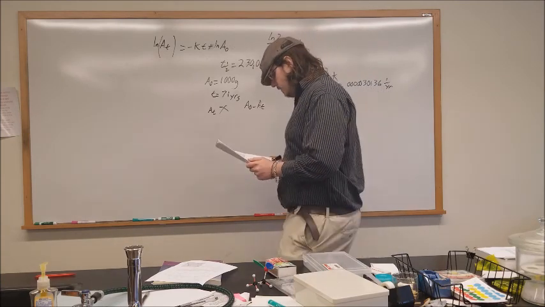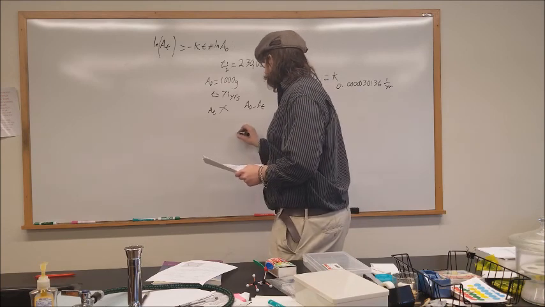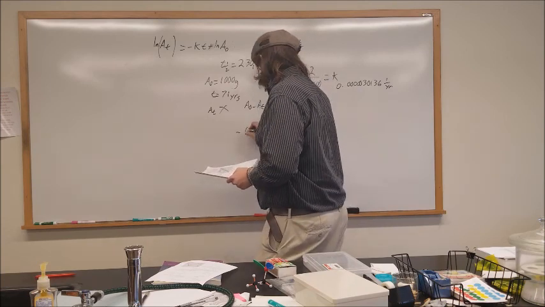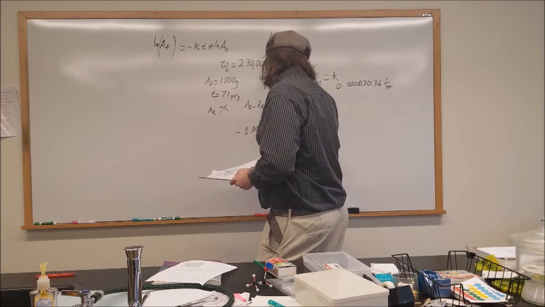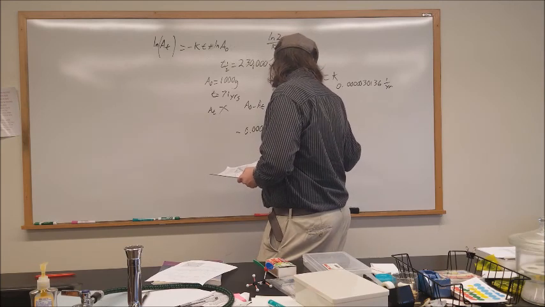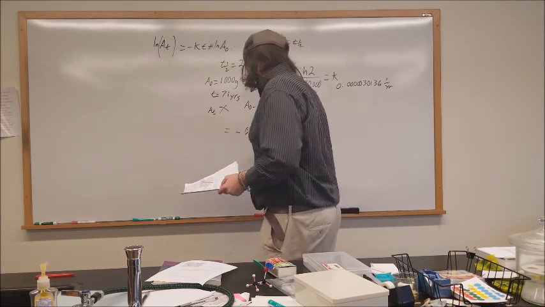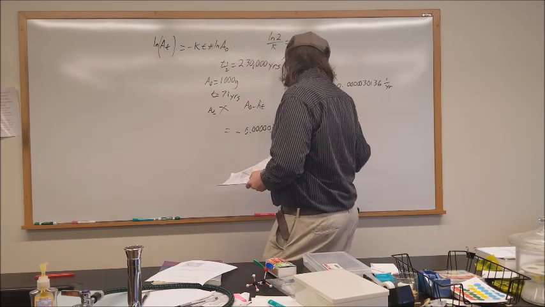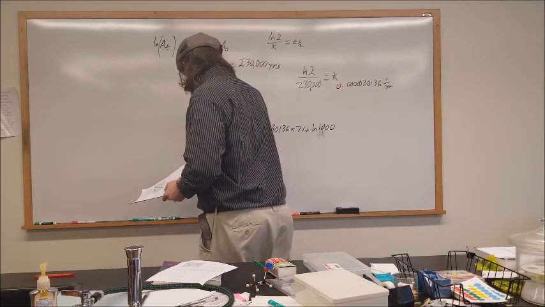So we say, we're solving a negative, really small number, 3.0136 times 71 plus natural log of A sub 0, which is natural log of 1,000, equals natural log of our product.